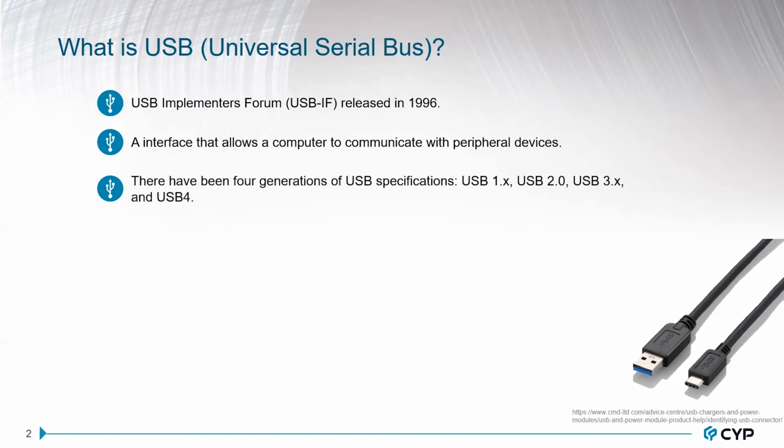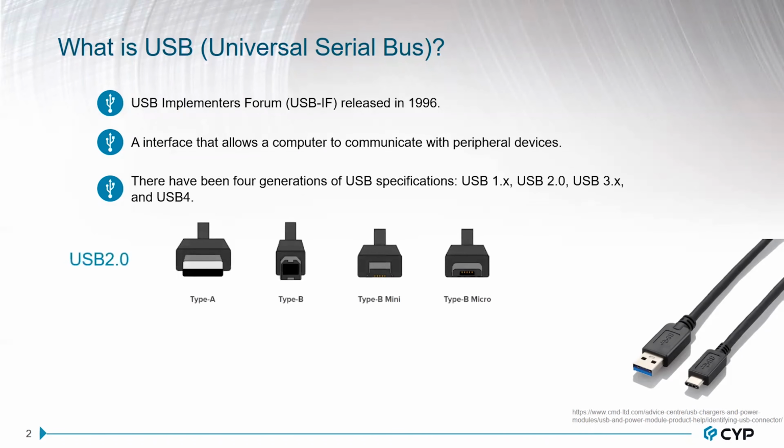There have been 4 generations of USB specifications: USB 1.x, USB 2.0, USB 3.x, and USB 4. USB 2.0 connectors can be roughly divided into USB Type A, USB Type B, Mini B, and Micro B. Most of you may be familiar with these connectors.